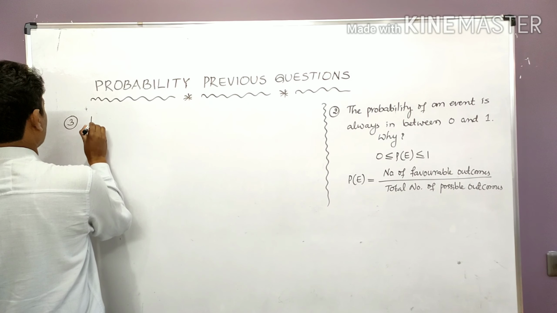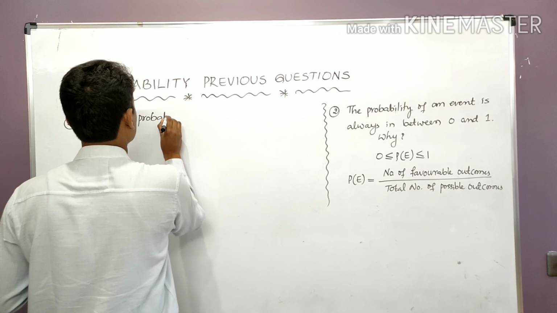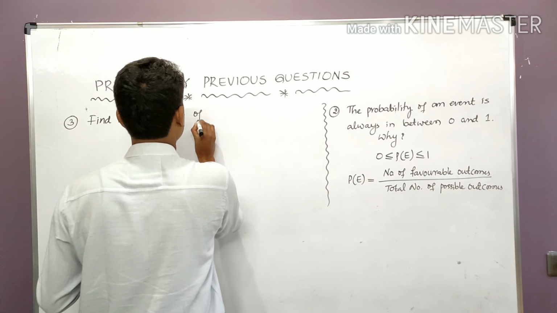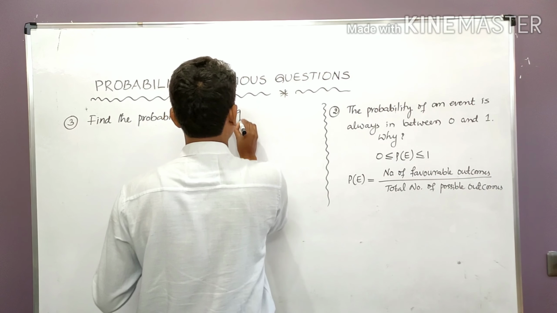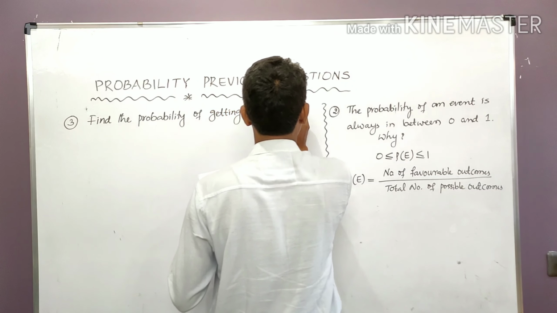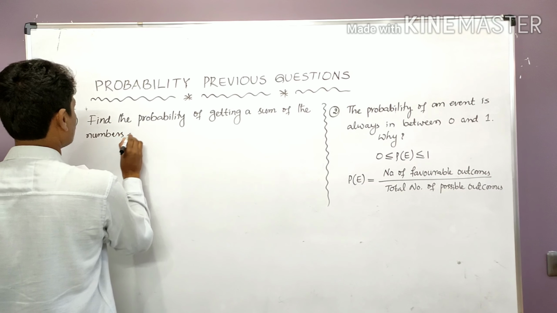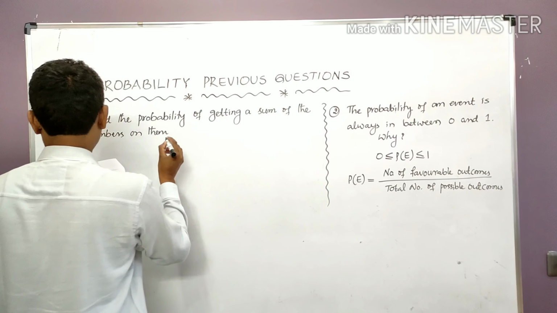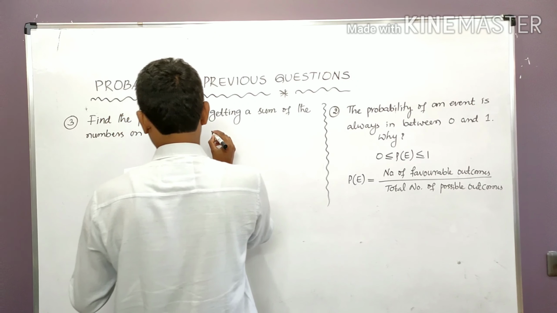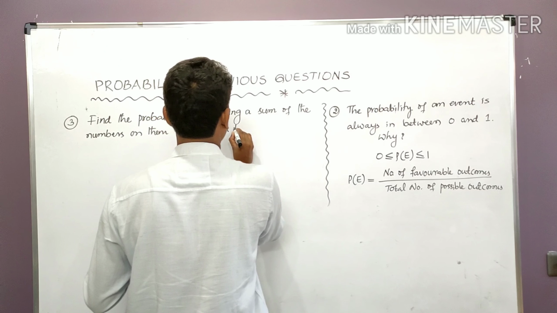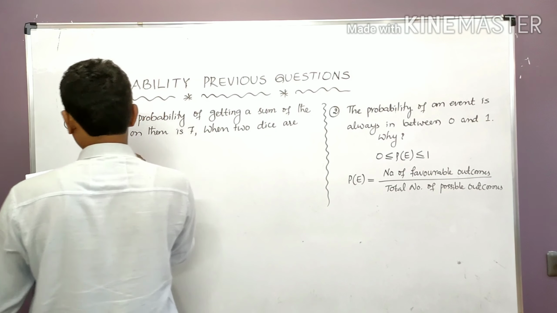Find the probability of getting a sum of the numbers on them is 7, when 2 dice are rolled at a time.